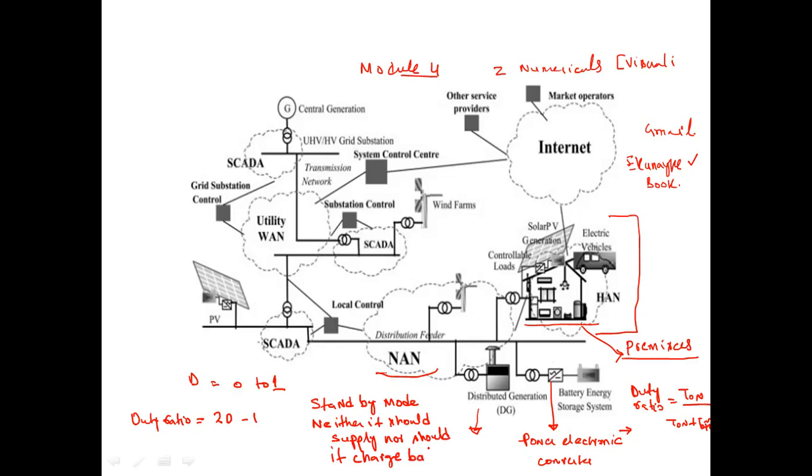So this is called a standby mode or an idle mode. In the idle mode, my D value can range between 0 to 0.1. I will keep it at 0.5. So 2 into 0.5 minus 1, my duty ratio becomes 0. So it is not affecting the system.